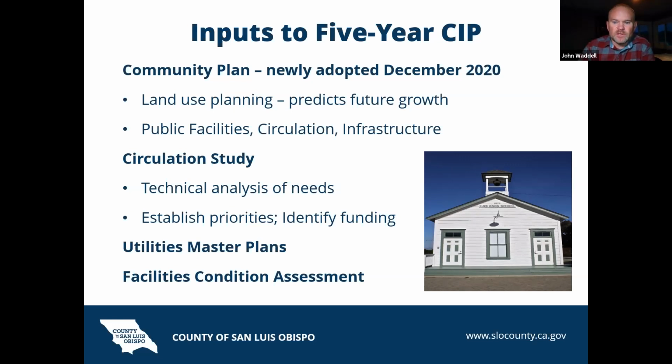Josh touched on the circulation study earlier, and really it's a technical analysis looking at the level of service impacts to our road network due to planned growth, and then developing lists of projects based on levels of service, prioritizing them, and identifying funding sources.